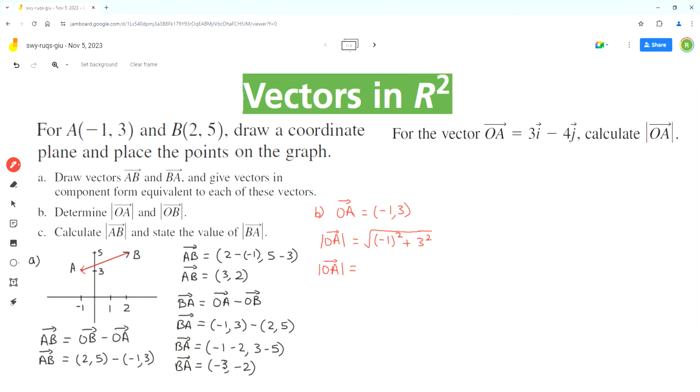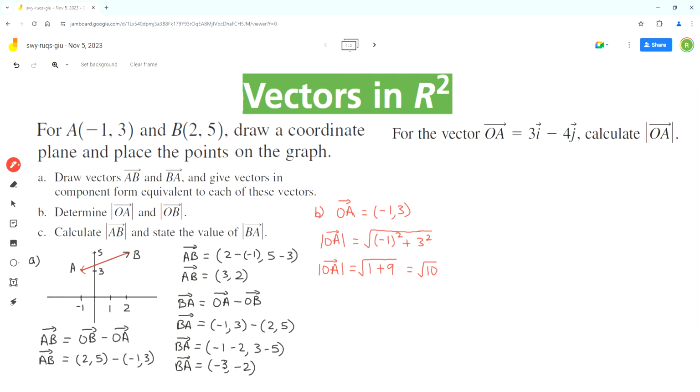So negative 1 square is 1 and 3 square is 9. And this is equal to square root of 10. So this is the exact value for magnitude of vector OA.